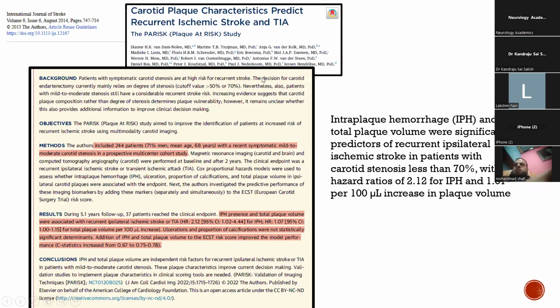And in this study on carotid plaque characterization and recurrent ischemic stroke, that is the Plaque at Risk study, the PARISK study, they found that intraplaque hemorrhage and the total plaque volume were significant predictors of recurrent ipsilateral ischemic stroke in patients with carotid stenosis less than 70%, with a hazard ratio of 2.12 for intraplaque hemorrhage and 1.07 per 100 microliter increase in the plaque volume.